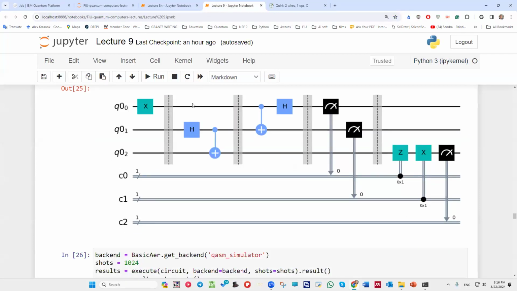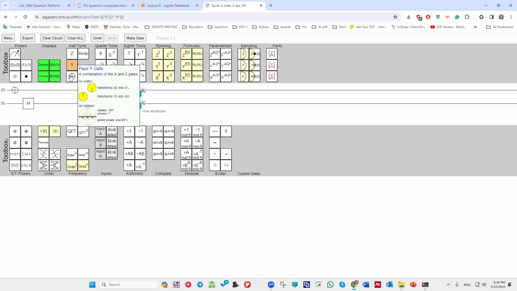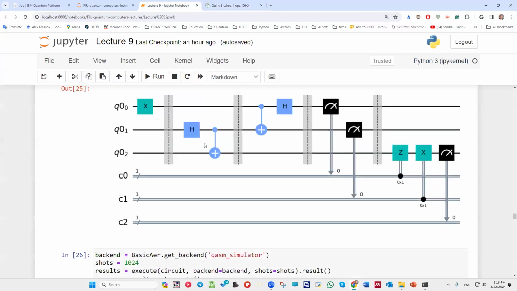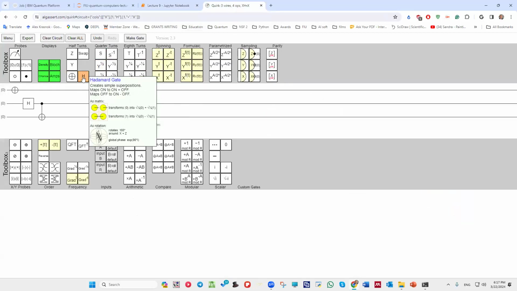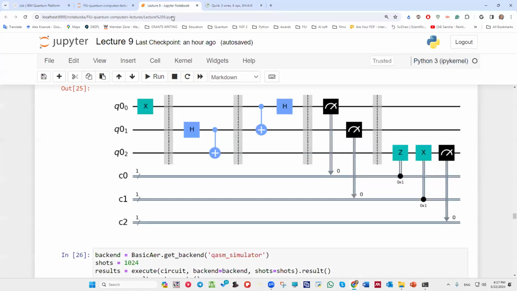Second, Alice and Bob create the entangled pair of qubits. This is done using Hadamard on Alice's qubit and CNOT between Alice and Bob. This is this part. Then Alice creates superposition between her qubits with Control X like this.